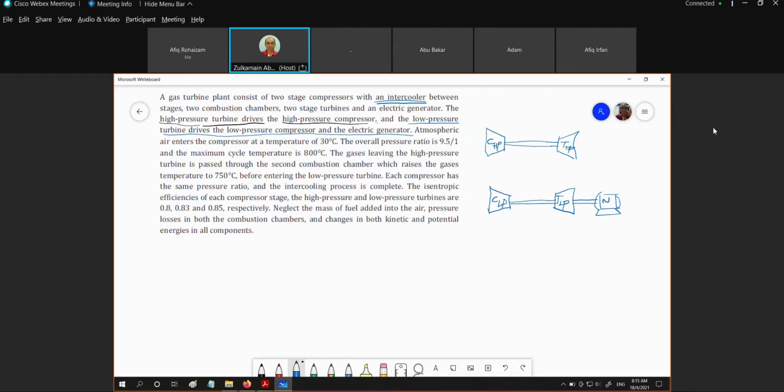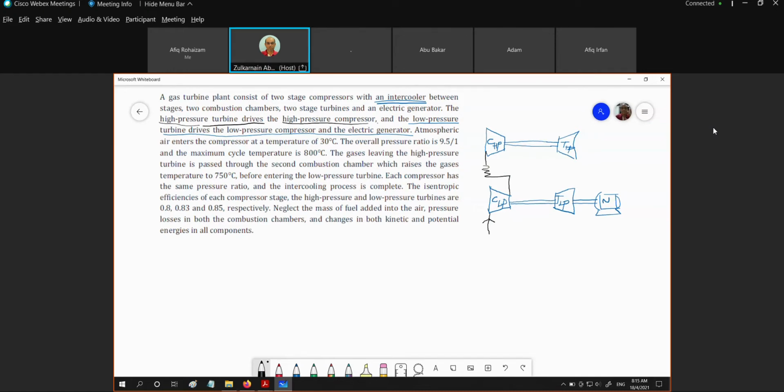So for the low pressure compressor, we are going to take the air from the ambient or the surroundings. So this is the intake. And then we are going to have the compression process, and also incorporate an intercooler before entering the high pressure compressor.